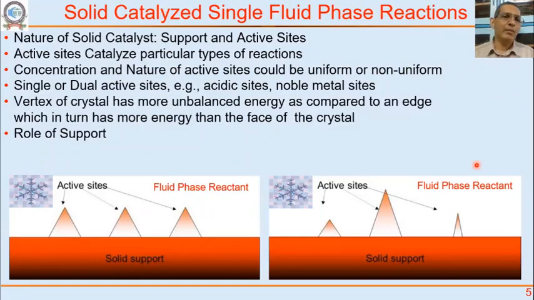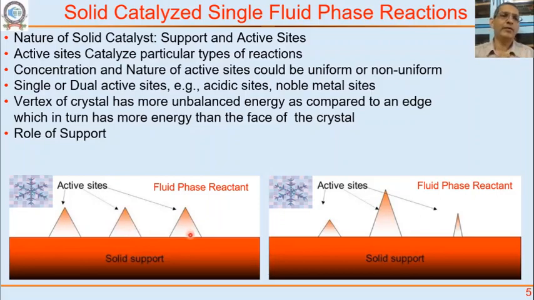So think about a solid catalyzed single fluid phase reaction. So imagine that this is our catalyst and there is a fluid phase reactant. This catalyst usually, or most of the time, consists of two things. One is the support and second is the active site on which the reaction occurs.